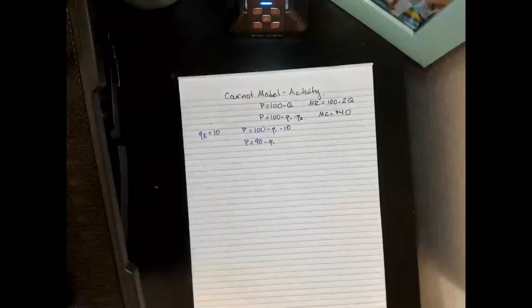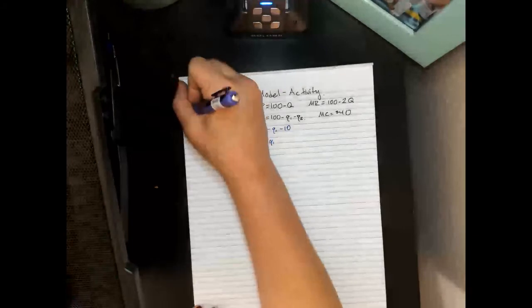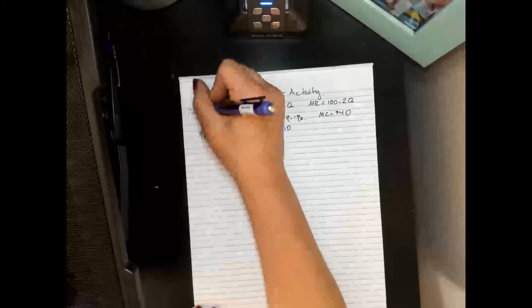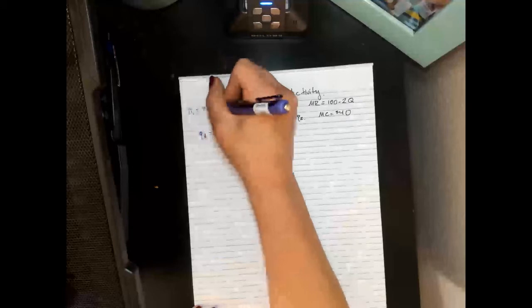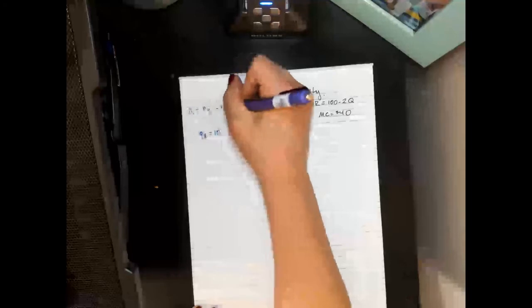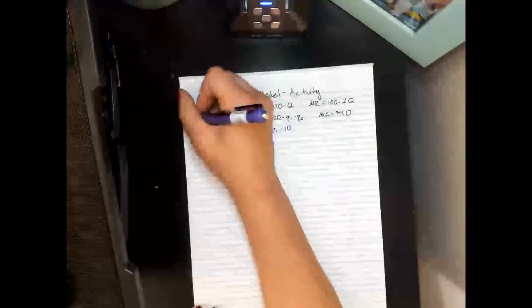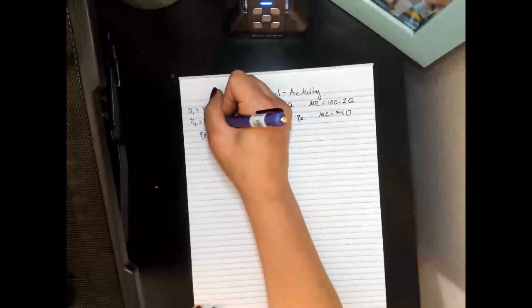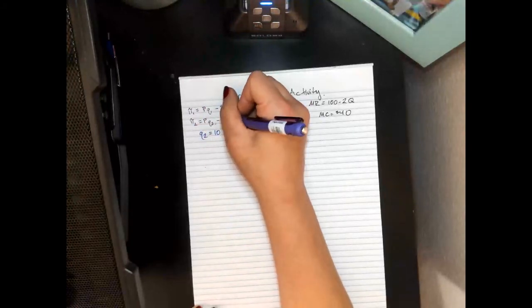And I want to backtrack real quick here and remind everybody, we also had the profit functions for each firm, which was just going to be the price times Q1 minus that marginal cost of $40 times Q1, and the same for firm 2, just using their quantities.